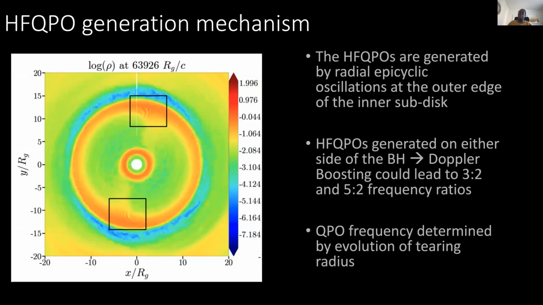So I can only talk about it from the case of the simulation, rather than from observation. As I outlined on this slide, we see these radial epicyclic oscillations at the outer edge of the inner subdisk. We only see these during this exceptionally long tearing cycle E5. This tearing cycle is one in which you have really extended periods of large-scale misalignment between the inner and the outer accretion disk, the subdisks.